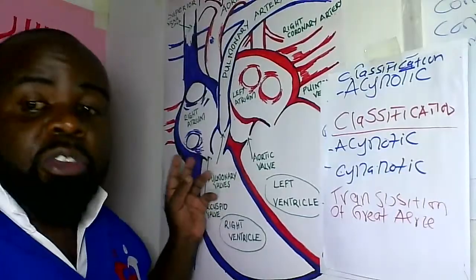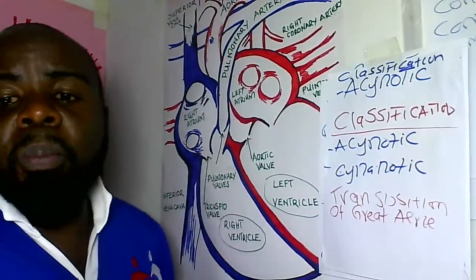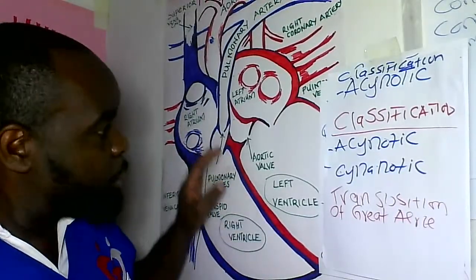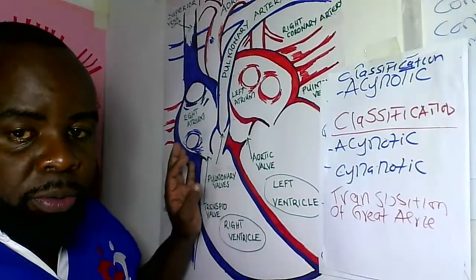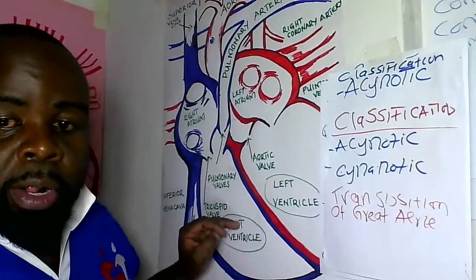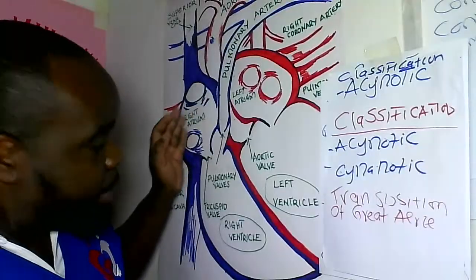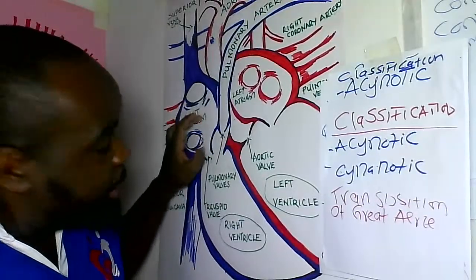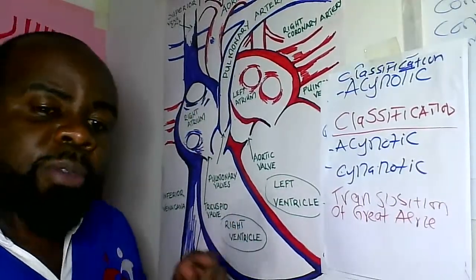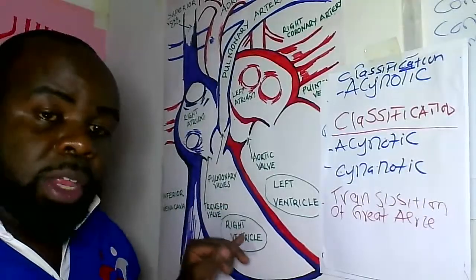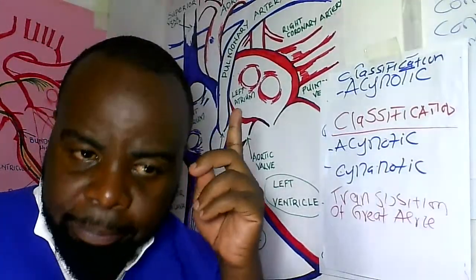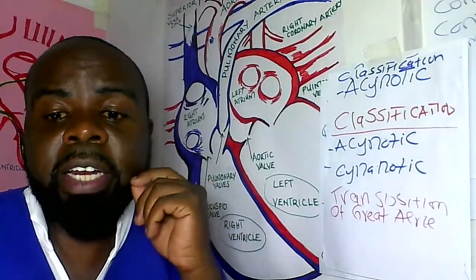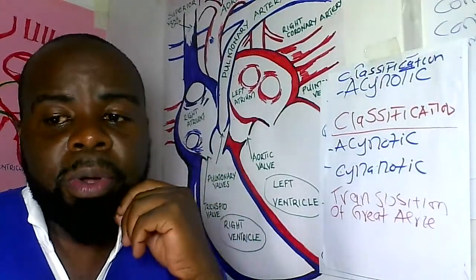This passage is not there, so blood is blocked from flowing to the atrium, to the right atrium, to the ventricle. Blood comes here, but it does not come here, or very minimal blood comes to the right ventricle. So the blood that goes to the lungs to be oxygenated is very minimal.